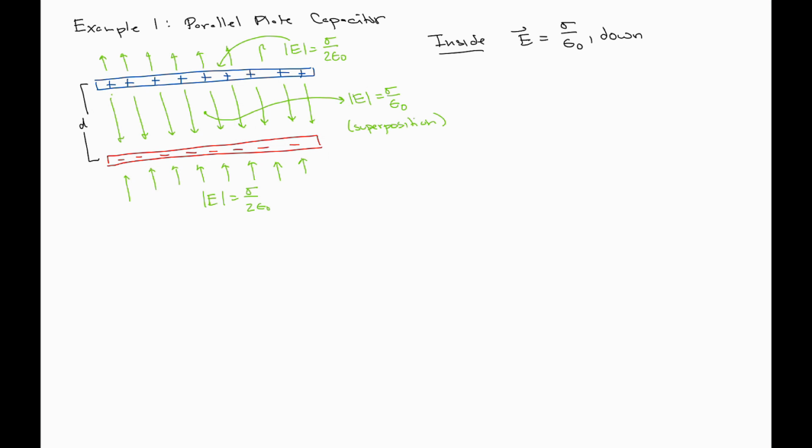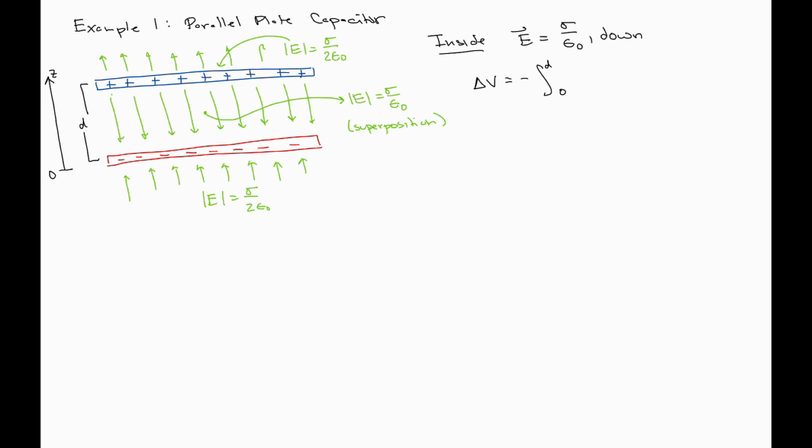If I wanted to calculate the change in potential, I can still use this equation that tells me the potential between the two plates, starting at 0 and going to d. I'm going to draw a little coordinate system here. This will be the Z direction, and this is going to be 0 here.